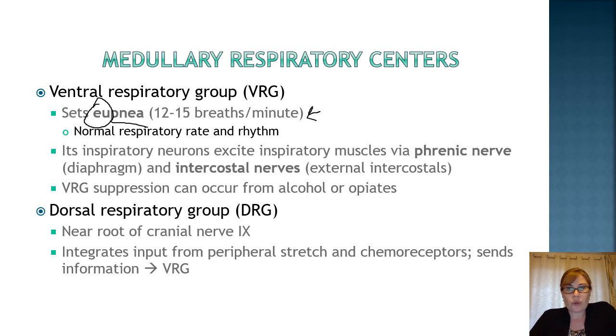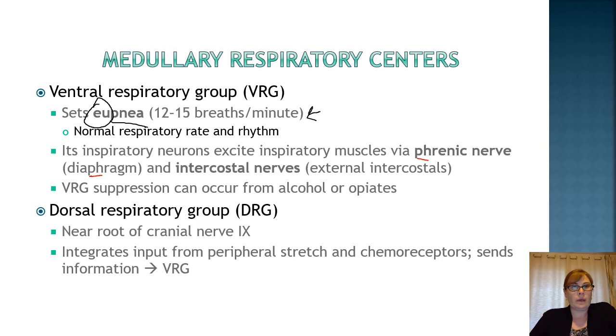Its inspiratory neurons excite inspiratory muscles via the phrenic nerve. The phrenic nerve goes to the diaphragm. That's what phrenic always means: anything P-H-R-E-N goes with diaphragm. I always remember P-H, diaphragm, and phrenic.